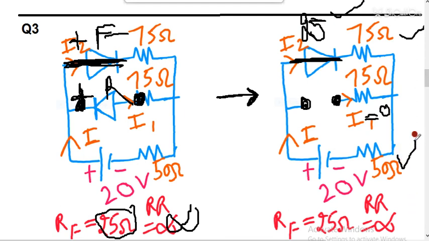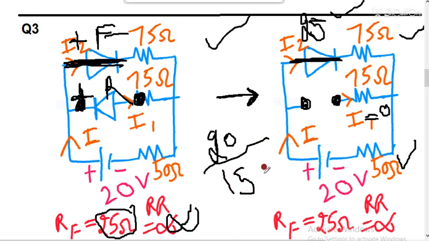Further we calculated I, and if we are asked about the voltage drops, we can find the voltage drop across the resistances also. So this was all for question number 3. The total current in this circuit is 20 by 150, I2 and I have the same value, and I1 is equal to 0. So this is the answer for question number 3.